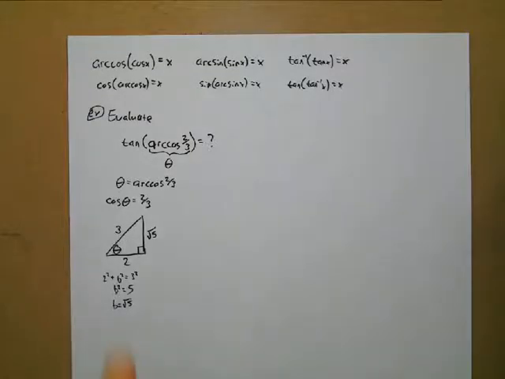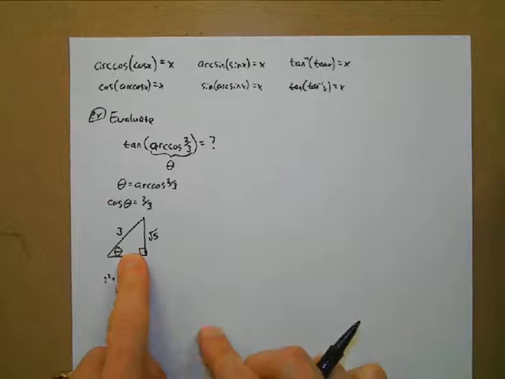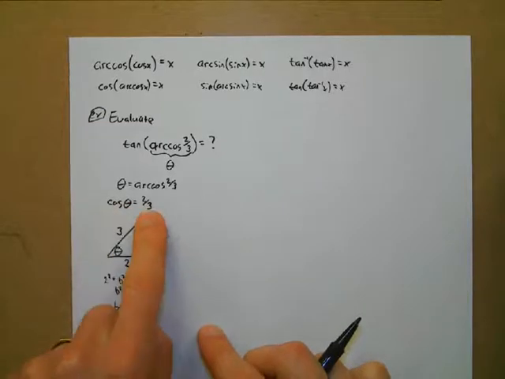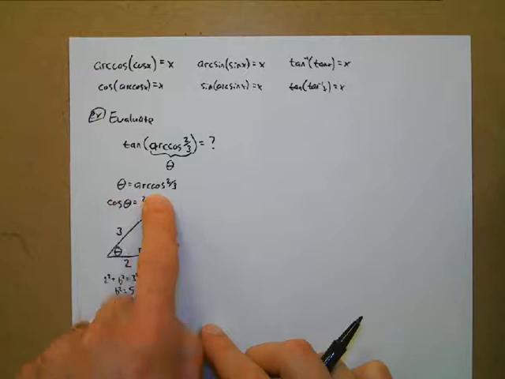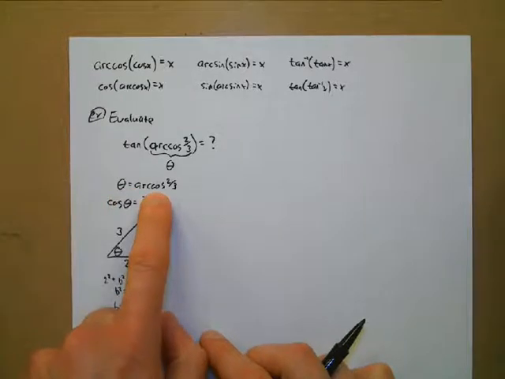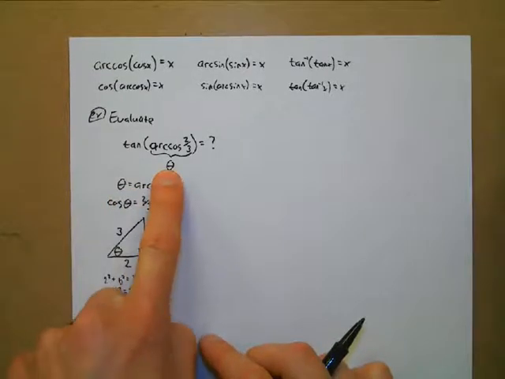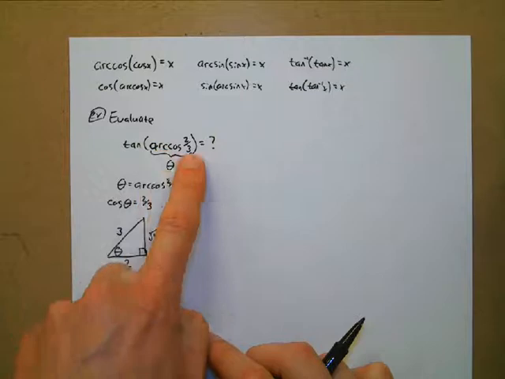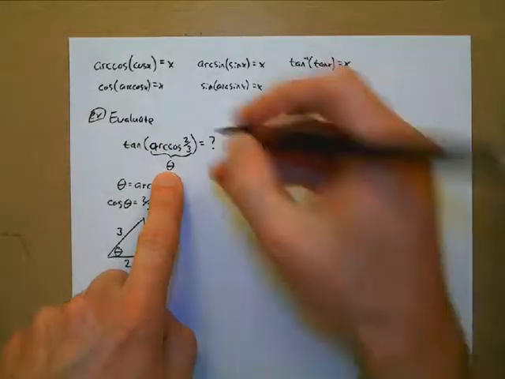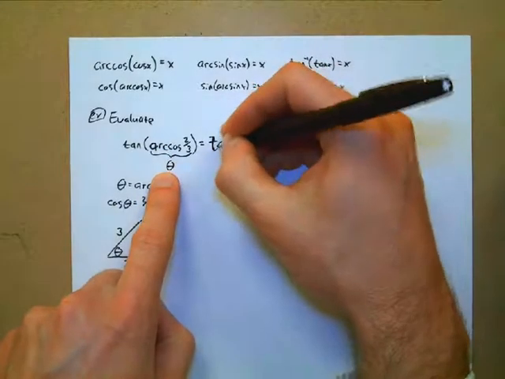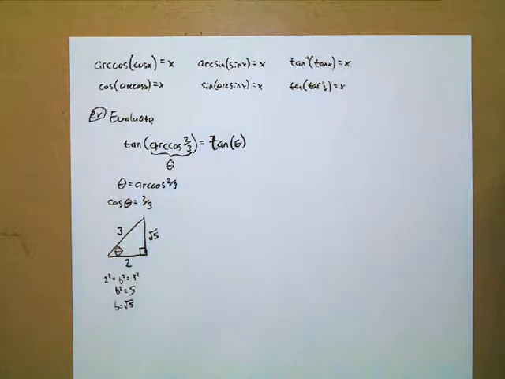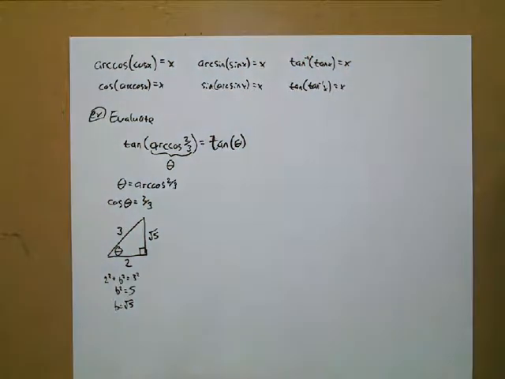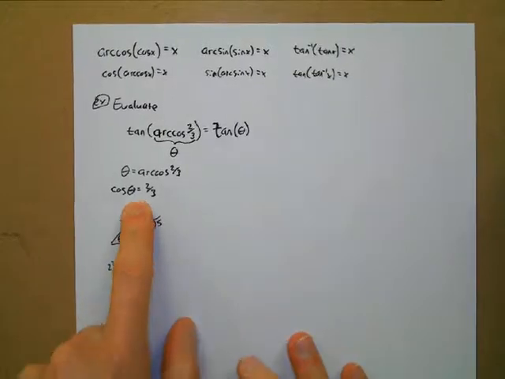Now I just need to evaluate tangent of theta. According to our right triangle here, what's the tangent of theta? What would it be? Root 5, opposite over adjacent 2. Exactly right.